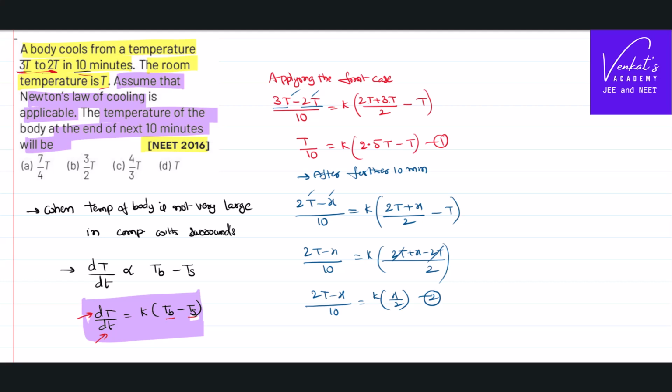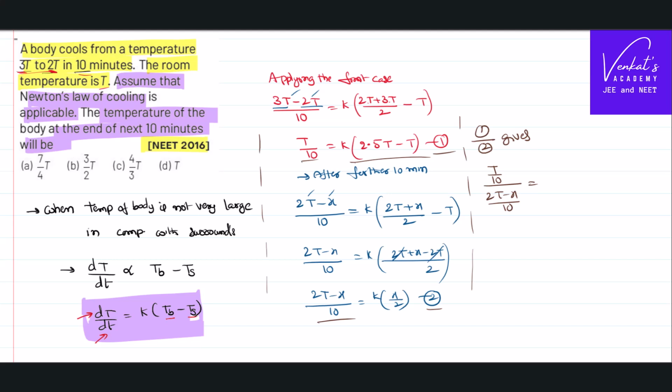Let's divide equation 1 by equation 2 and see what happens. On the left hand side, T by 10 from the first equation and (2T minus x) by 10 from the second.